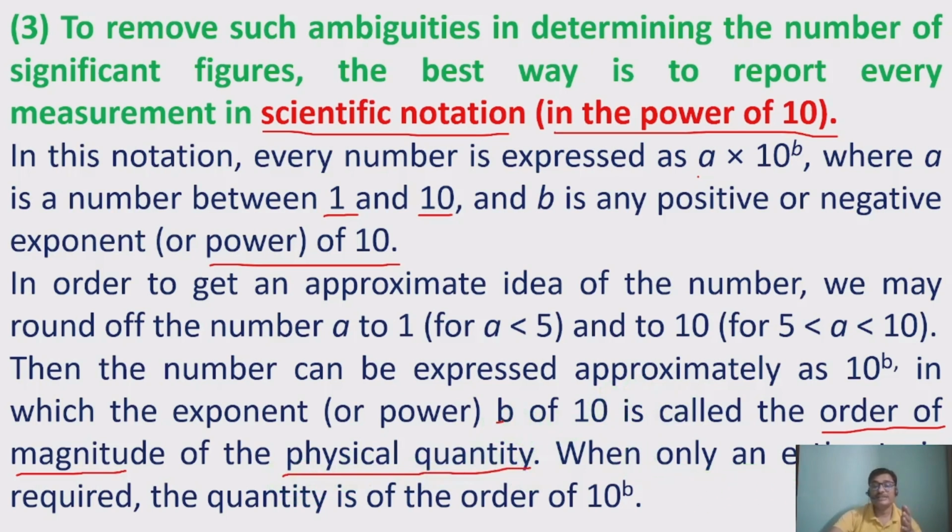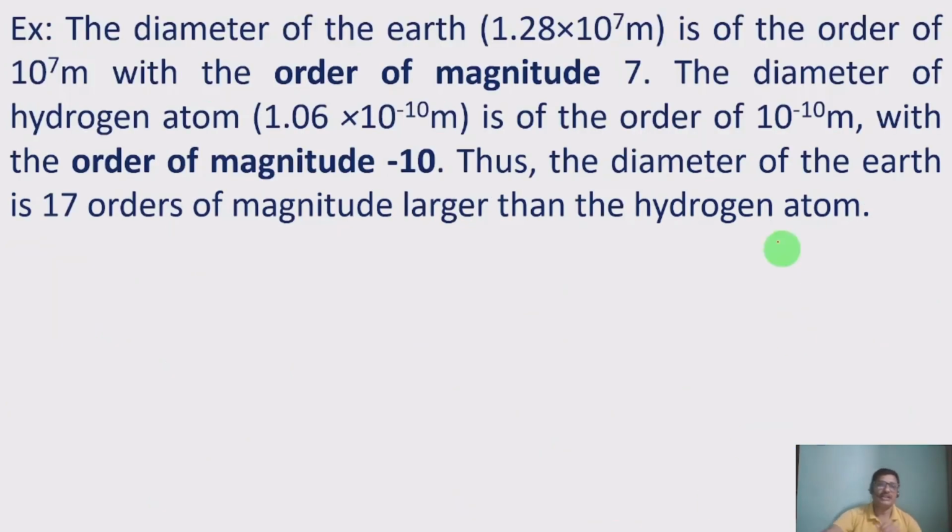When only an estimate is required, the quantity is of the order 10 raised to b. Now an example: the diameter of the earth is 1.28 times 10 raised to 7 meter, which is of the order 10 raised to 7, with the order of magnitude 7.